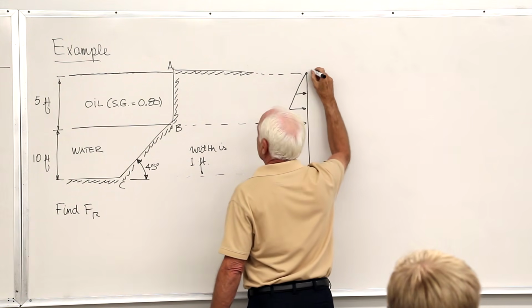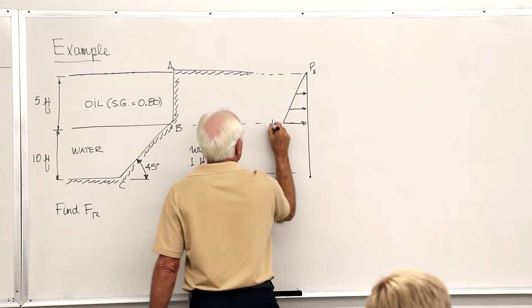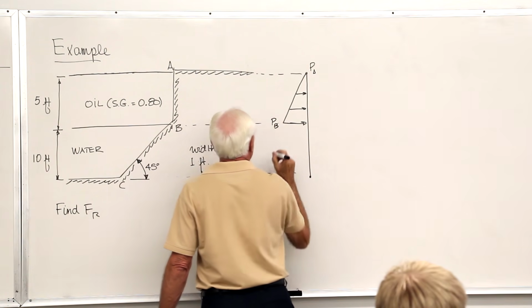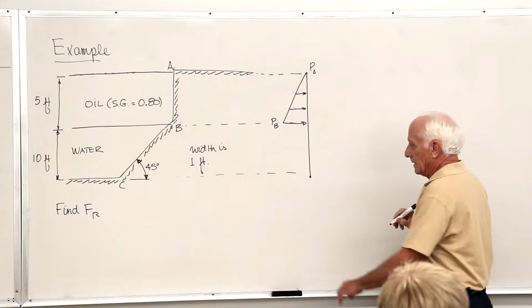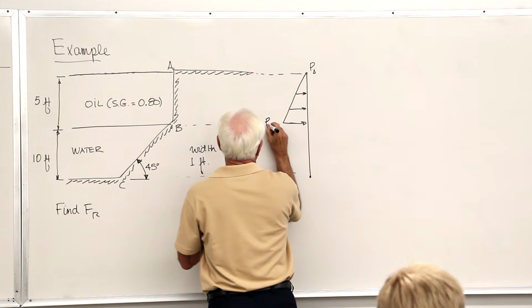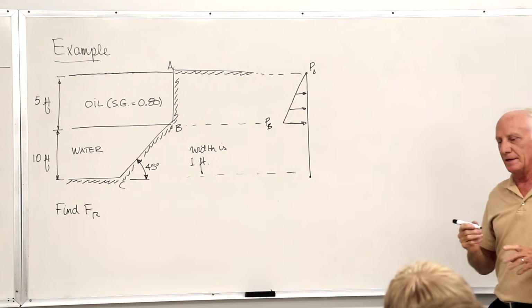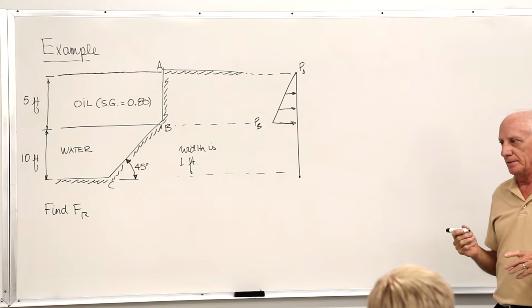There's the pressure due to oil. Pressure at A. This is the pressure at B. Now we go down in the water. Well, water is heavier. Gamma is bigger for water.